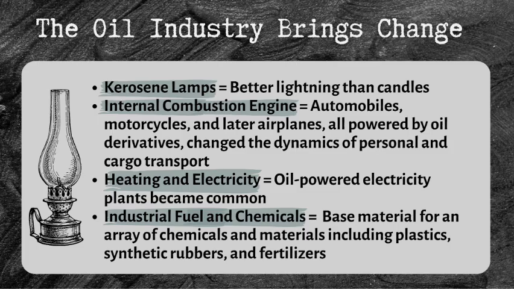Impressed, the hospital ordered more lamps and more fuel. Recognizing the potential, Lukasiewicz left his pharmacy job, secured a business partner, and patented his technique in Vienna. He then established several wells and refineries in southern Poland by 1859, advancing the use of kerosene lamps.